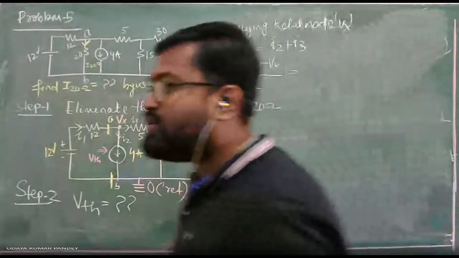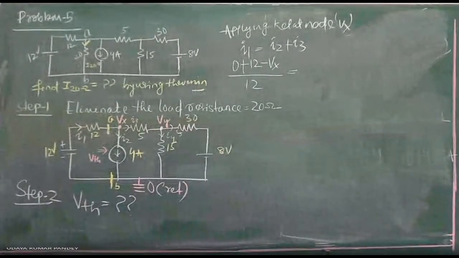Then how to calculate the I2? Vx minus Vi by 5. Vx minus Vi by.